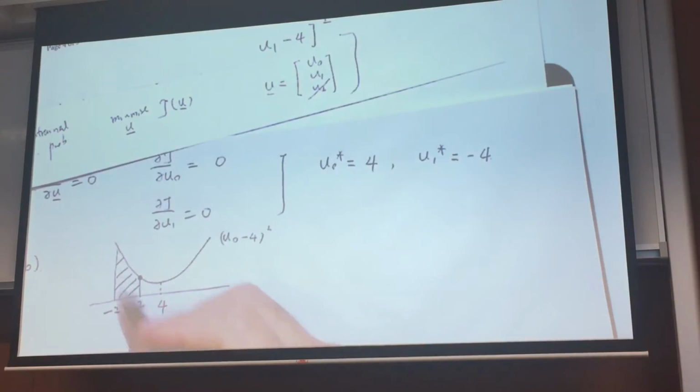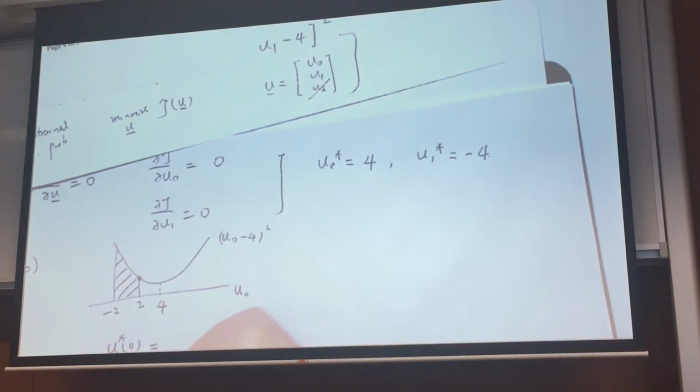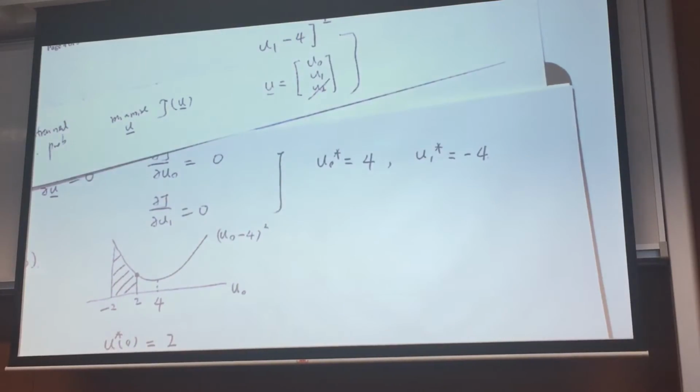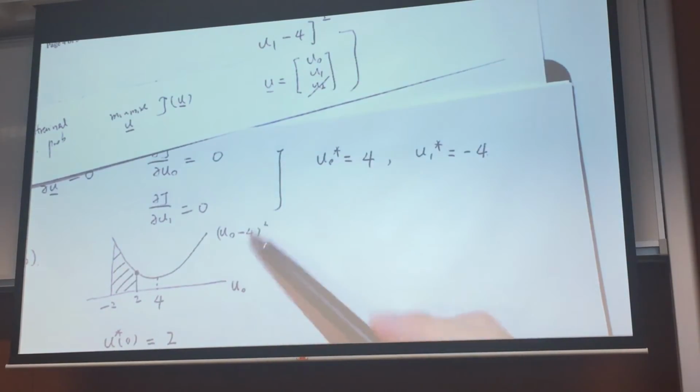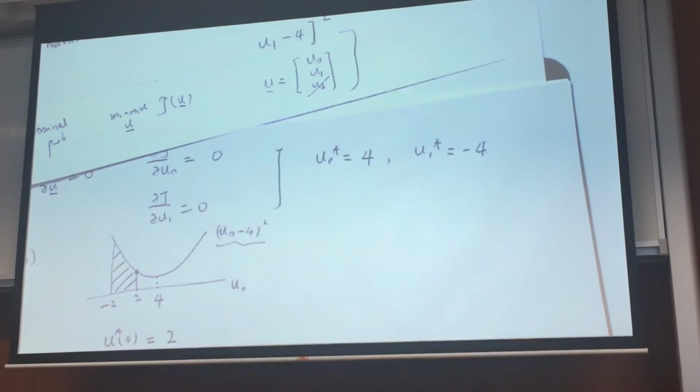From this observation, our u0 star is given by 2, because u0 star equal to 2 will minimize this function.